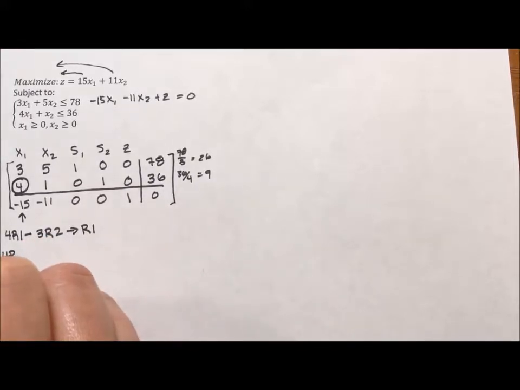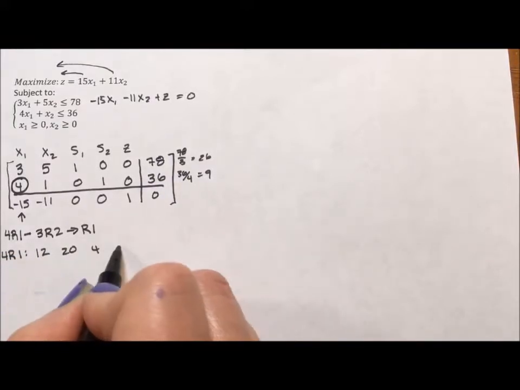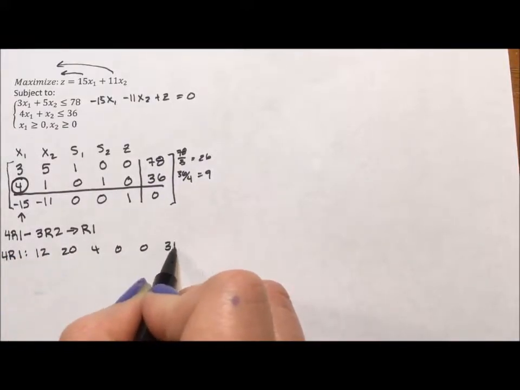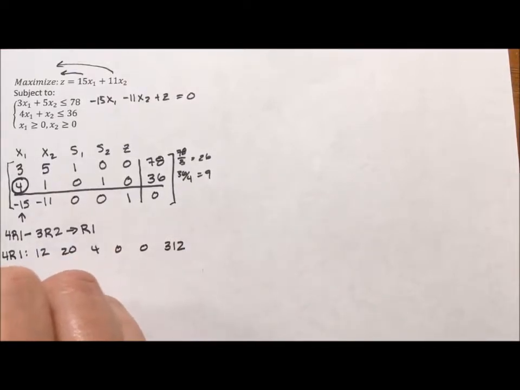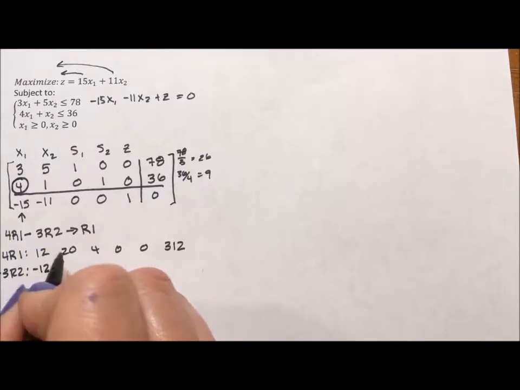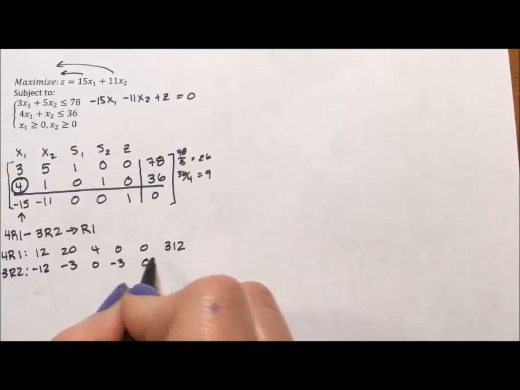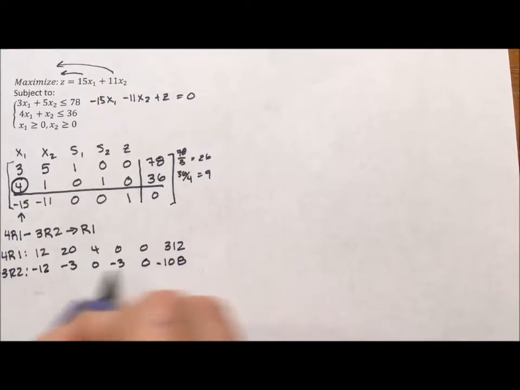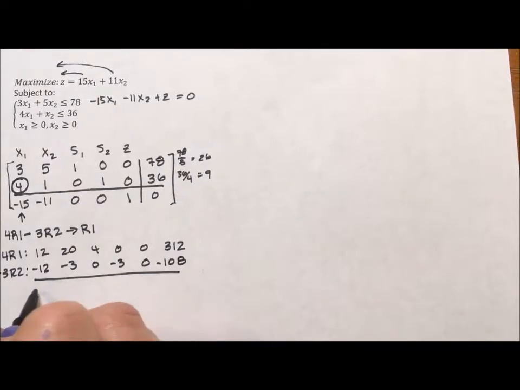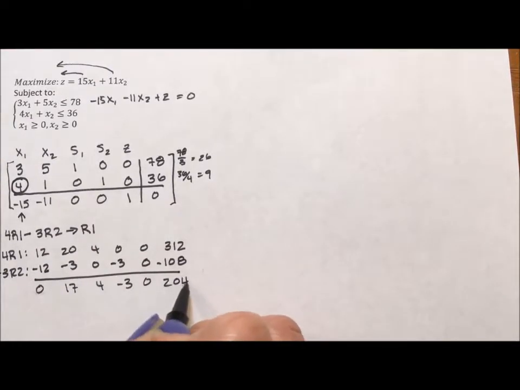So 4 times row 1 is going to be 12, 20, 4, 0, 0, 3, 12. Negative 3 times row 2 is going to be negative 12, negative 3, 0, negative 3, 0, negative 108. And when we add these together, I'm going to get 0, 17, 4, negative 3, 0, 204.